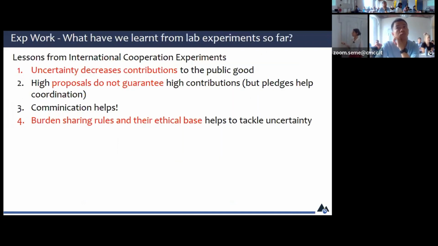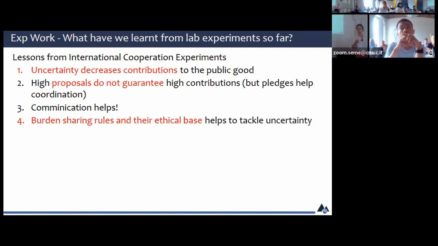situations of uncertainty. So the first lesson that we learn from these experiments on international cooperation is that uncertainty matters a lot. We heard a lot yesterday about how we have to communicate uncertainty wisely. Uncertainty really doesn't help cooperation. It really unravels cooperation.